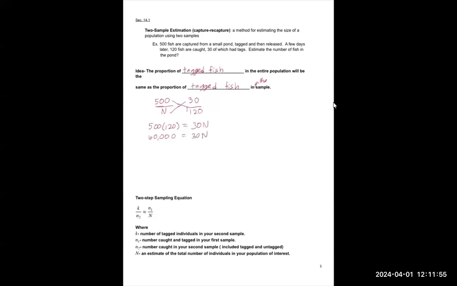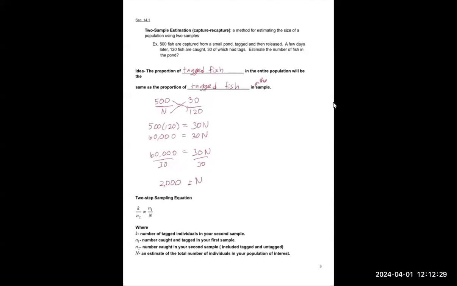The next step will be dividing by the coefficient. I'm going to rewrite this so you can see it as a separate step. And then I get N, and I pop in my calculator 60,000 divided by 30, and that is 2,000. So the estimated total number of fish in that pond is 2,000.